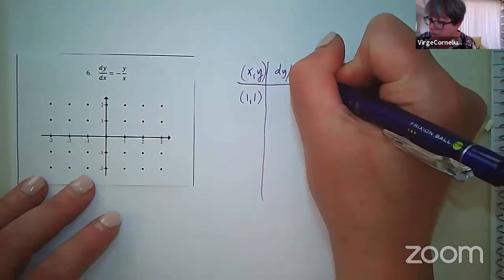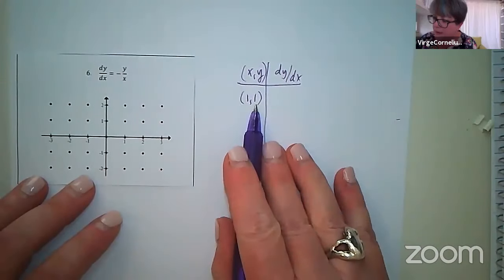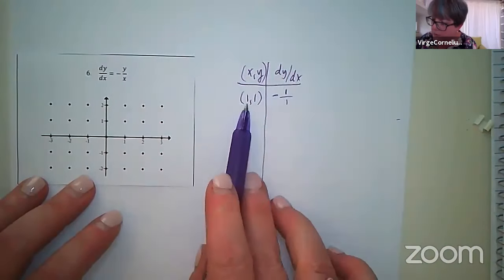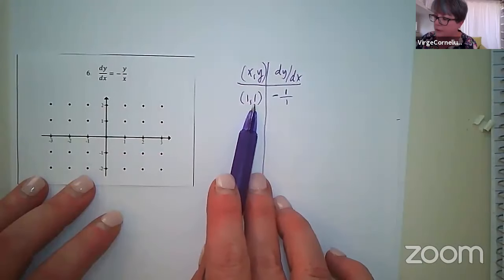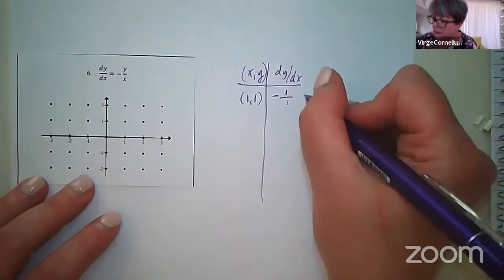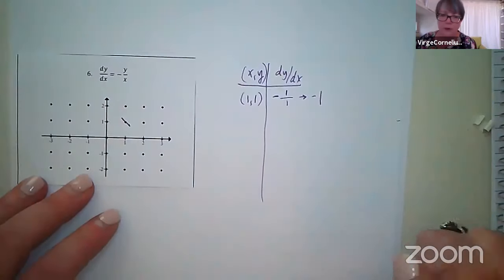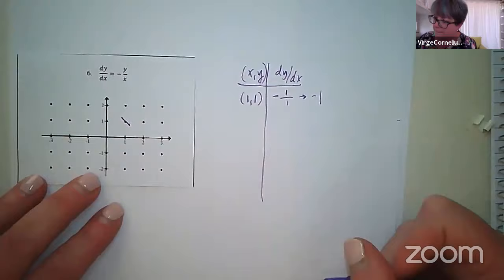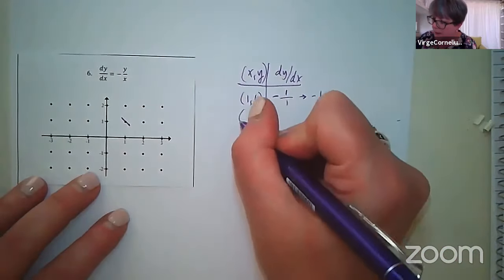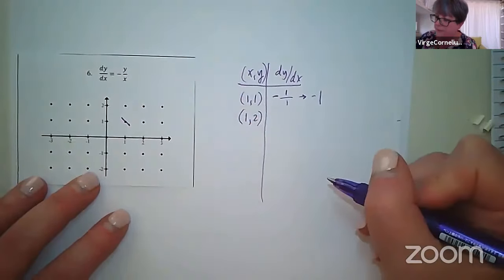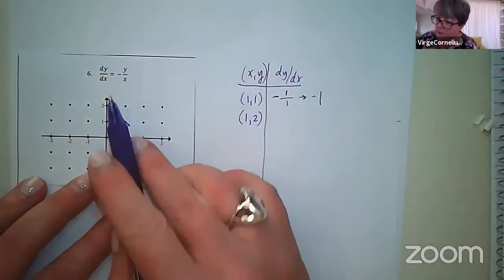So what is my dy/dx slope at (1, 1)? Well, it would be negative 1 divided by 1, since my y value is 1 and my x value is 1. This ends up being negative 1. So I'm going to draw a little negative 1 slope there. What about what's happening at (1, 2)? That's this point here.